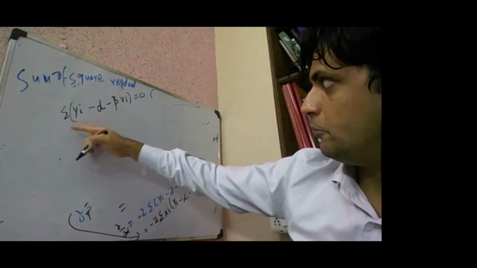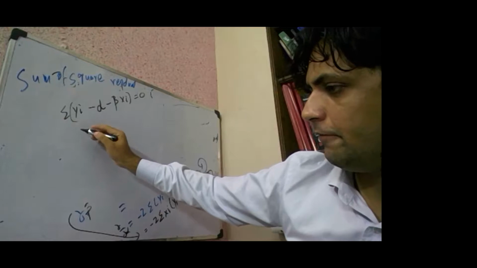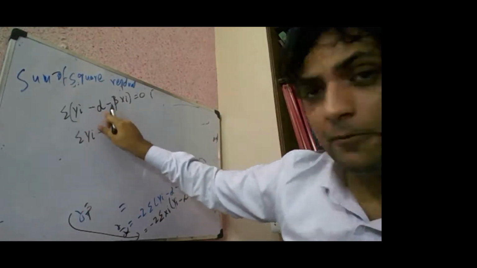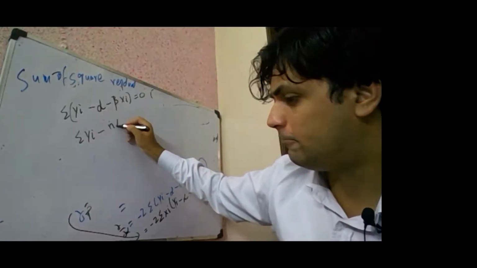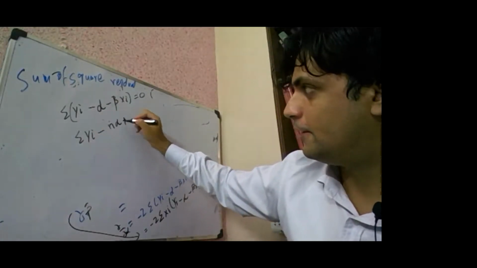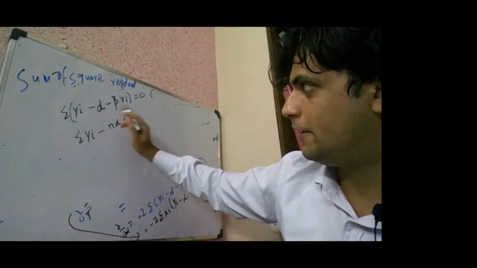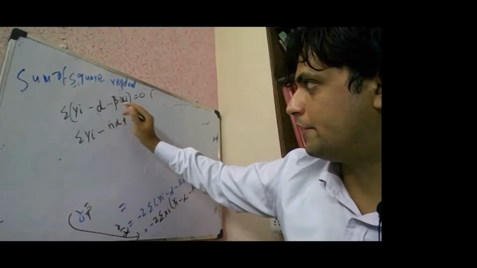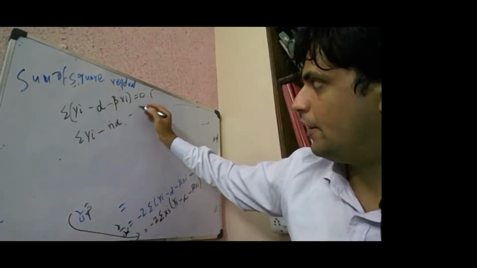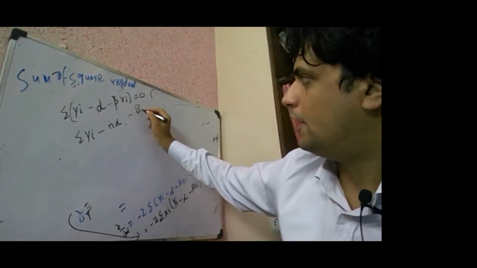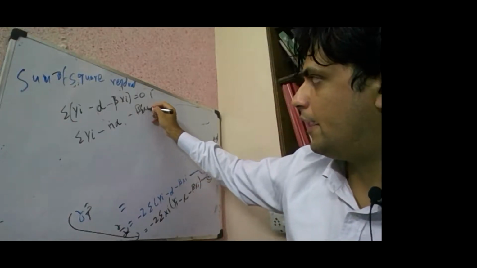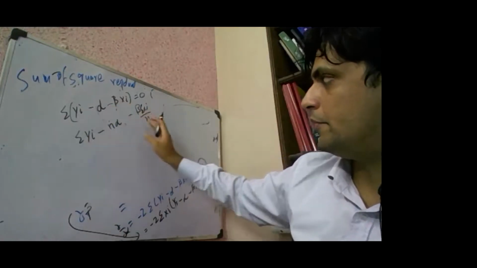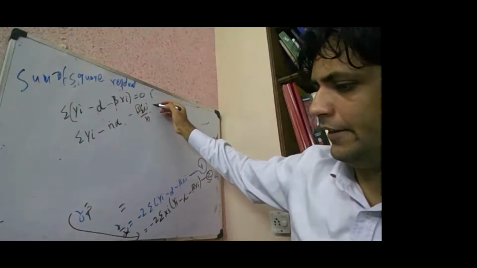When we solve this, put summation inside, so we can have sum of yi minus, summation will apply to the constant, it will give us n alpha, minus beta sum of xi, because of the beta, right? So that's how summation applies. So here x is considered as n.